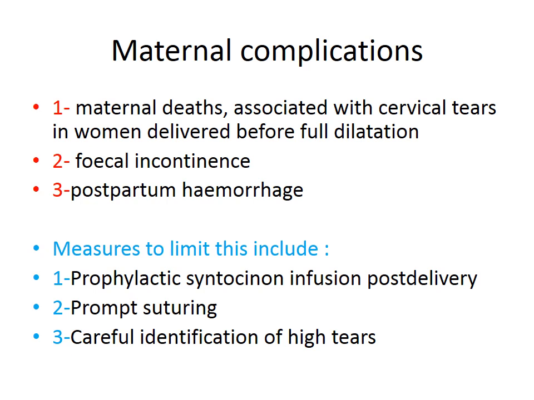So, how can we reduce or minimize these complications? This can be done by adopting the following measures. First of all, by giving the mother a prophylactic syntocinon infusion post-delivery, as well as by prompt identification and suturing of the lacerations and tears that might happen in the genital tract, especially the cervical or vaginal and perineal tears.